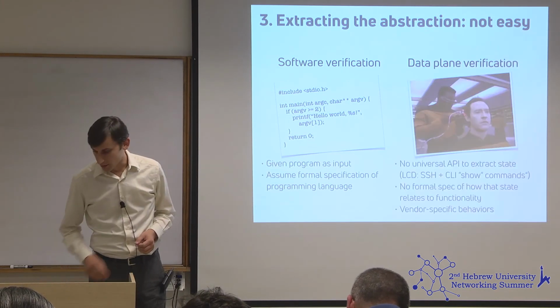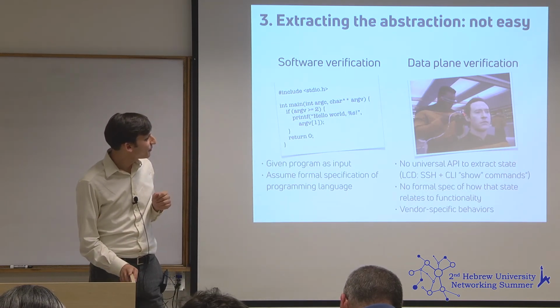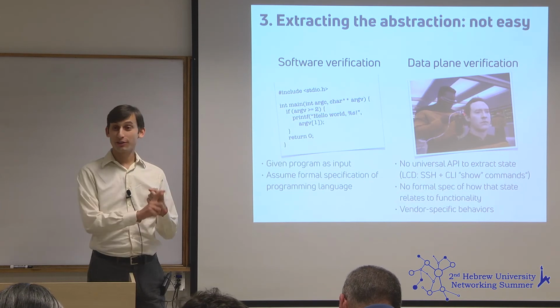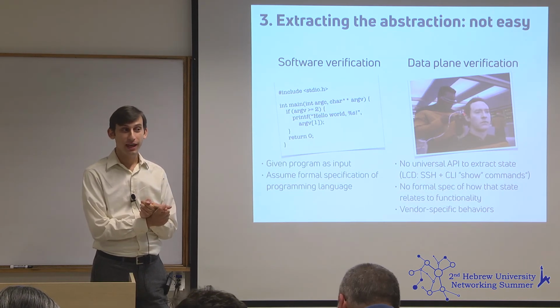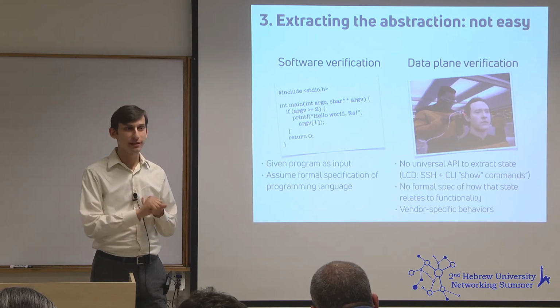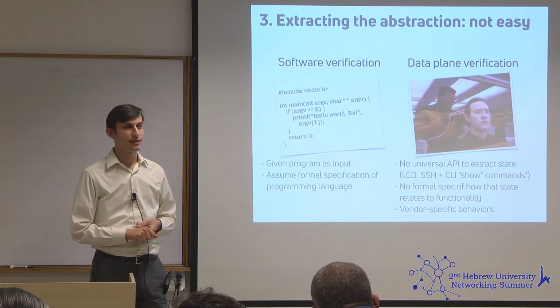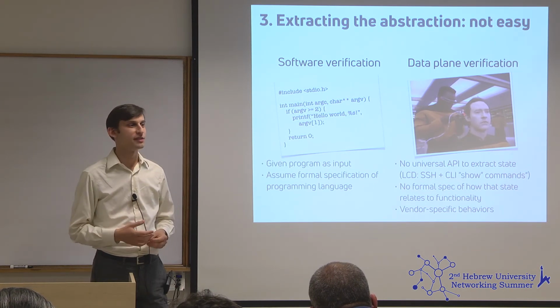In the networking world, if you want to extract the data plane state, there is no universal API to actually get the forwarding tables and the other various tables that you need, because there are a lot of them, right? It's not just a forwarding table. There are ACL tables, there are MAC addresses that are used in various ways.